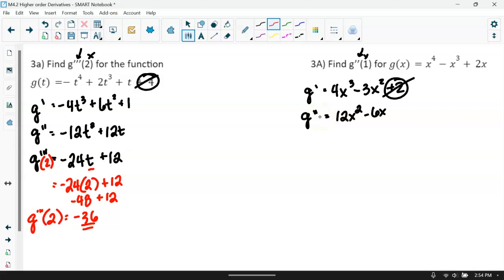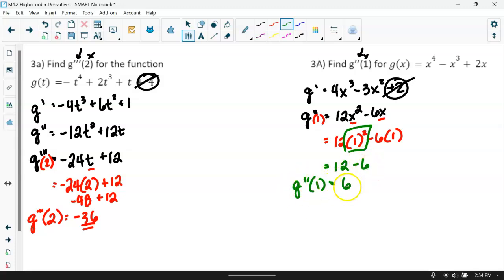Now we can find when x is 1. So this is equal to 12 times 1 squared minus 6 times 1. So here, remember, right, this is like order of operations. That is 1 squared, which is 1. So 12 times 1 is 12, minus 6. So our output is 6.